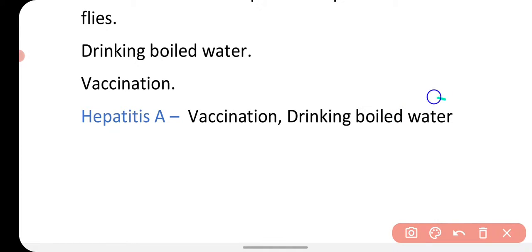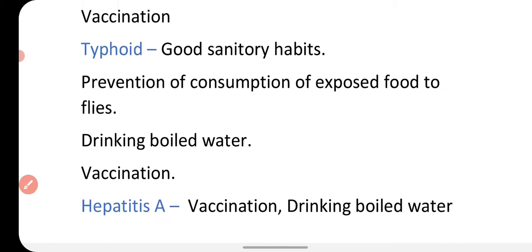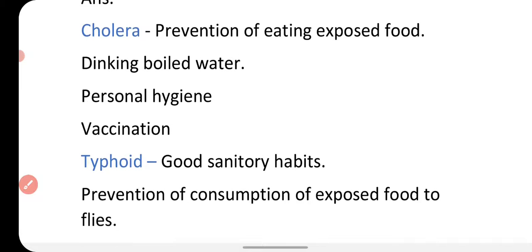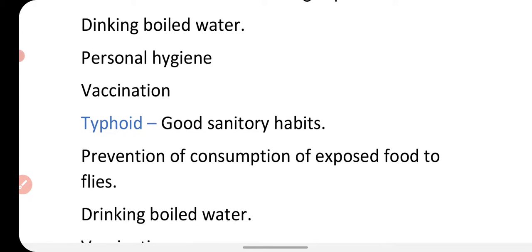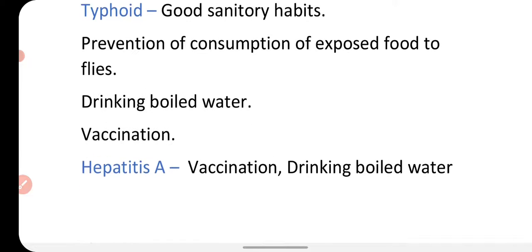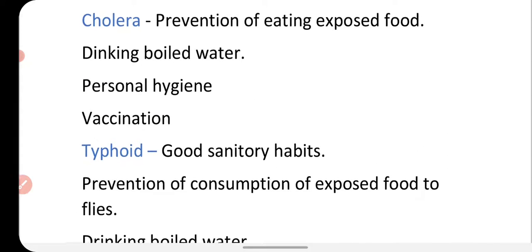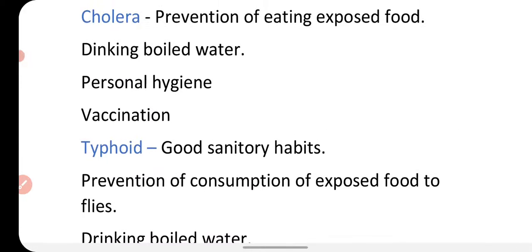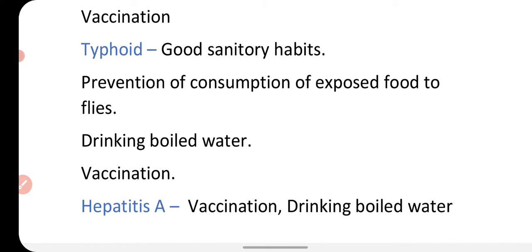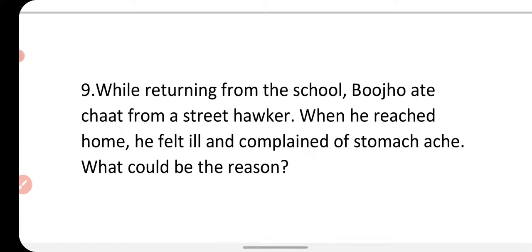So you should boil the water before drinking to save yourself from hepatitis A. Cholera and typhoid are bacterial diseases, and hepatitis is a viral disease. These diseases are communicable diseases, and to prevent them, you must follow good sanitation habits.